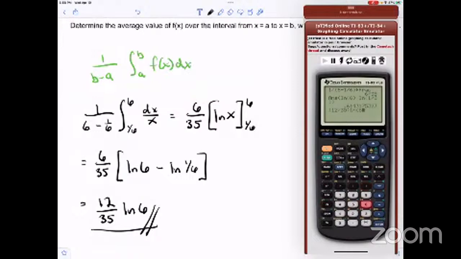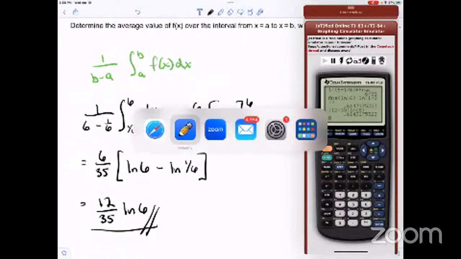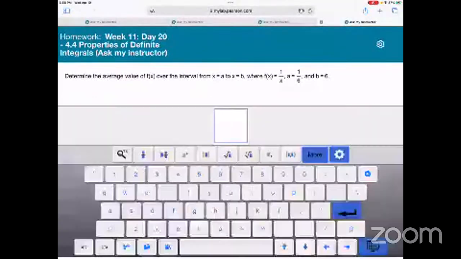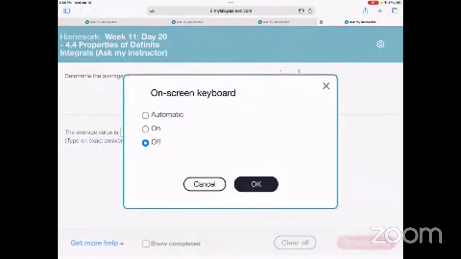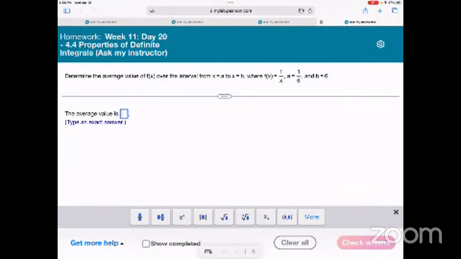Let's try that one. 12/35 times the natural log of 6.